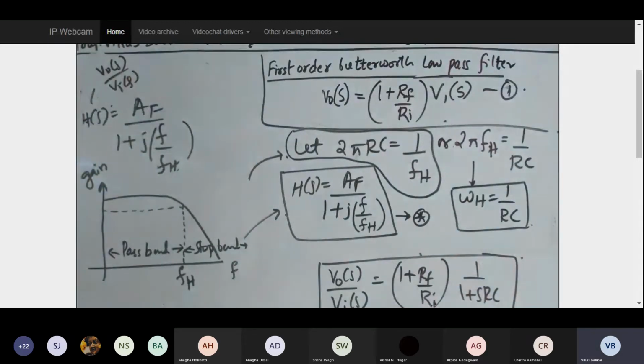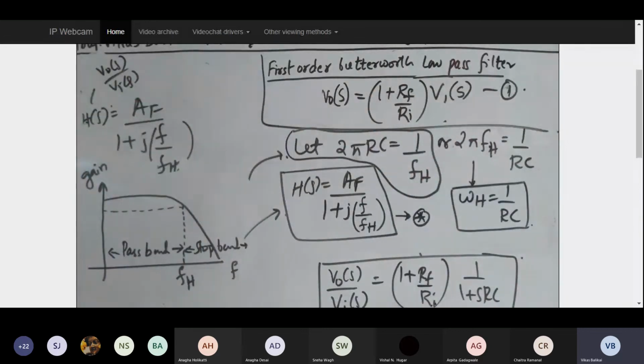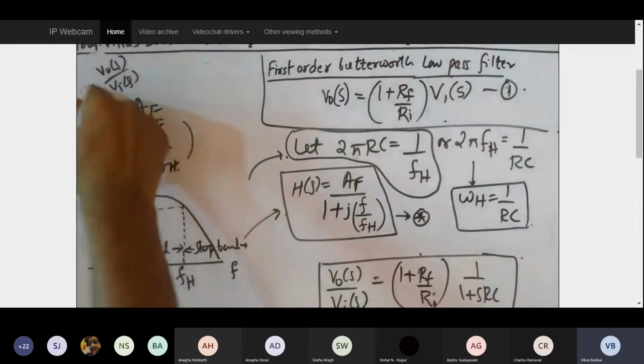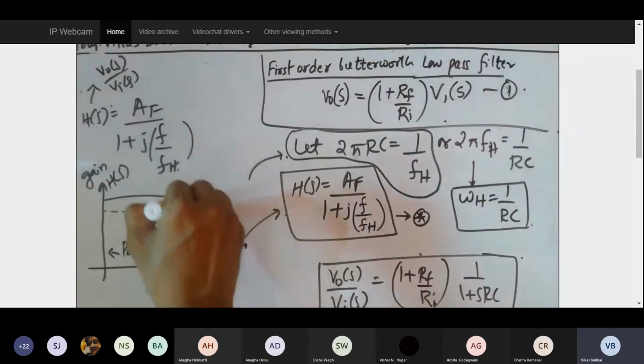So when the frequencies start to stop after FH, my output automatically starts decreasing. When the output starts to decrease, automatically H of S also starts to decrease, and that's the reason H of S, or the gain, has started to decrease.